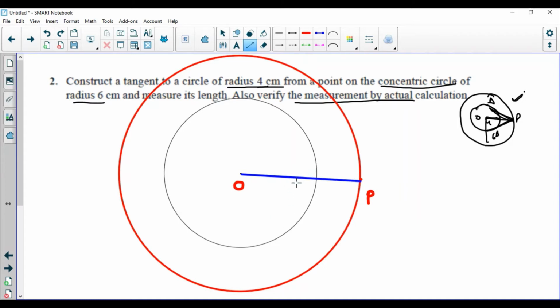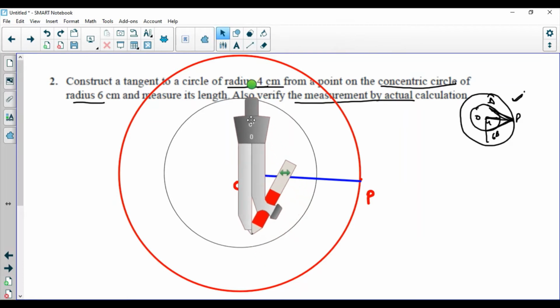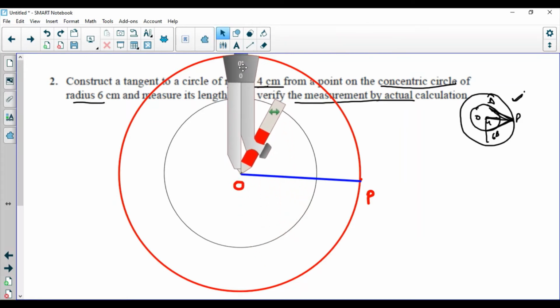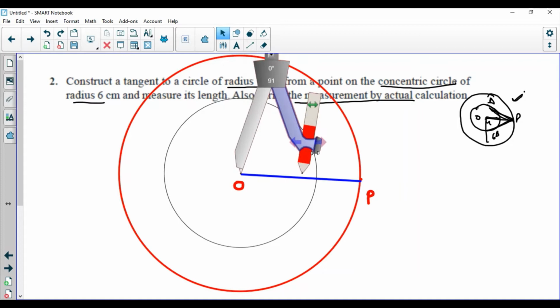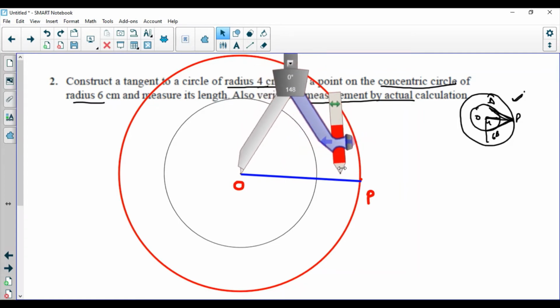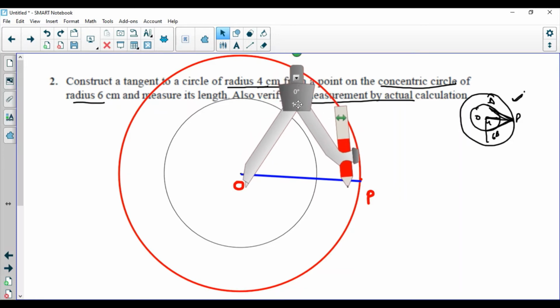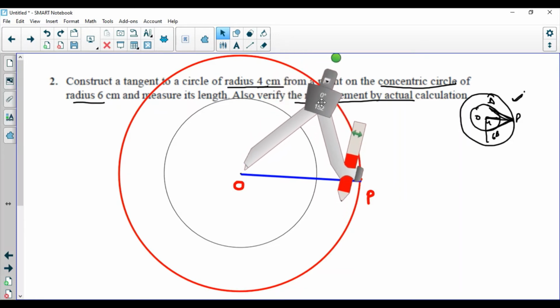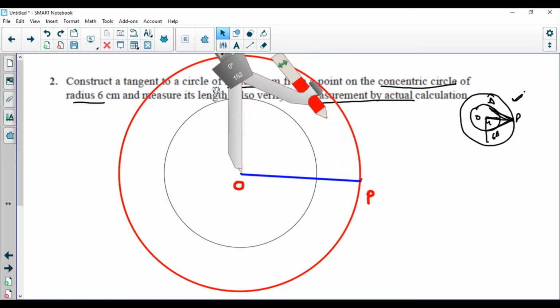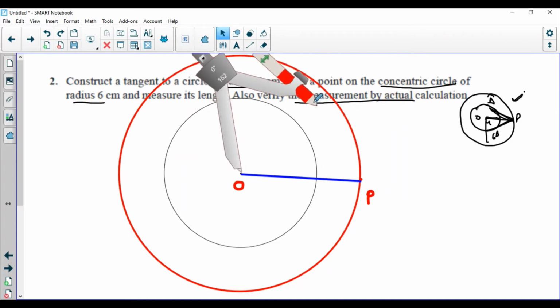After that, same step as we did in question number 1, draw the perpendicular bisector of OP. So this much is the complete length; more than half we should take to draw the bisector.